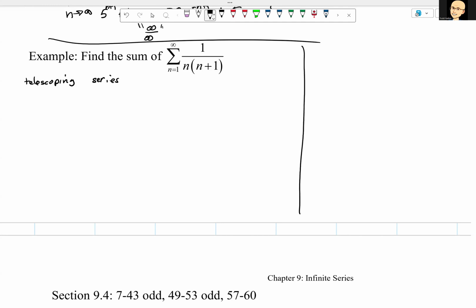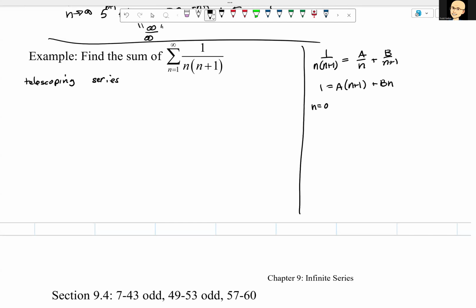Let's do a little side work and note that 1 over n times (n plus 1) is equivalent to A over n plus B over n plus 1. Or 1 is equal to A times (n plus 1) plus B times n.